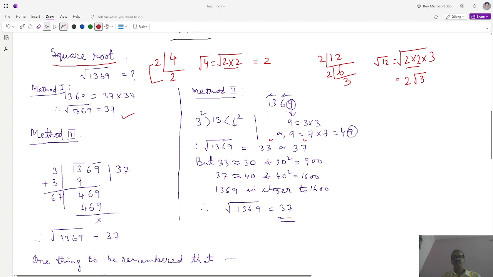Now we have to take the second pair of digits. This is 13, and we have to judge the position of 13. Here we see that 13 is less than 4 square, that is 16, and greater than 3 square.